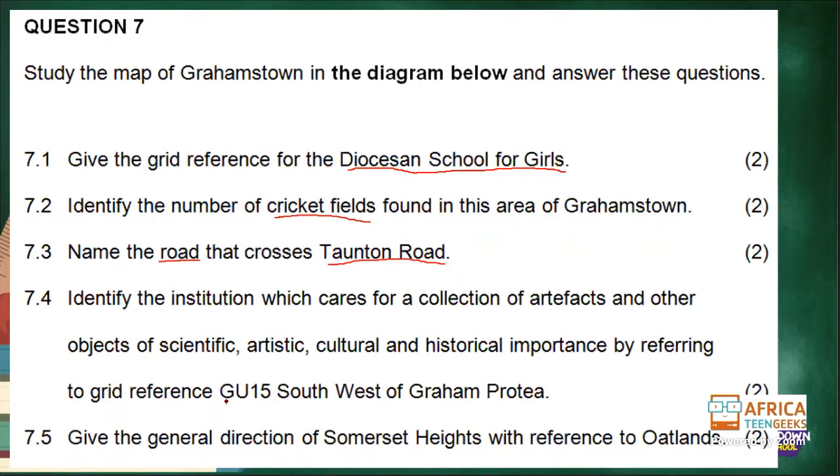So we'll look at GU15. And it is southwest of Graham Protea. Graham Protea, southwest of Graham Protea. So we're looking for an institution. Could be a school, could be a university, could be any of the kind.